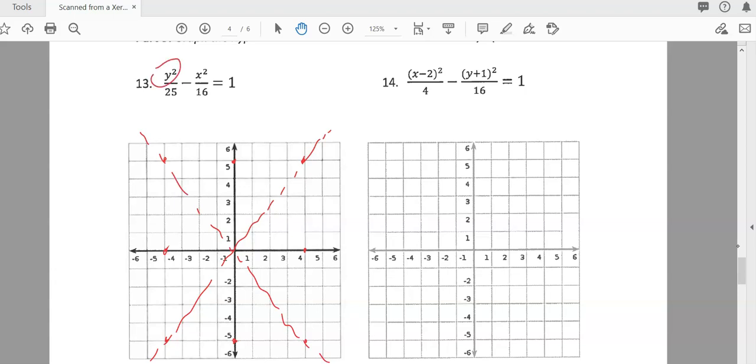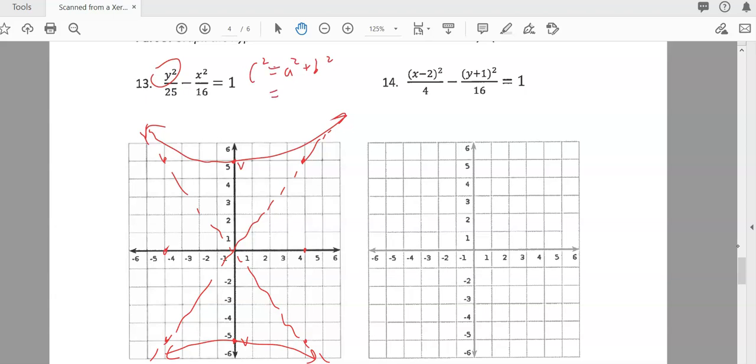Hit the y terms first, therefore this is vertical, so this is the vertex, this is the vertex. The hyperbola is going to go through those points. Kind of look roughly like that. And we'd like to graph the foci, so we need c squared equals a squared plus b squared.